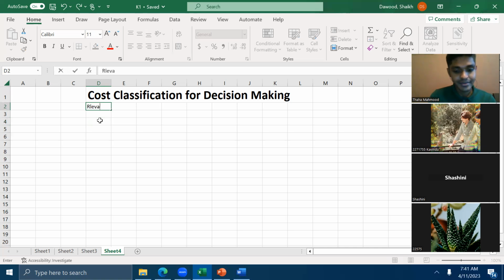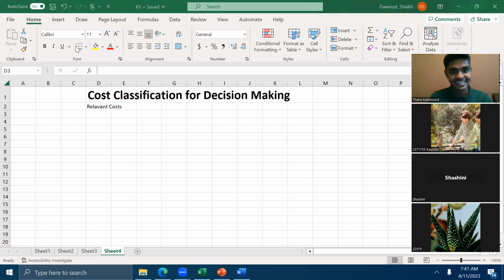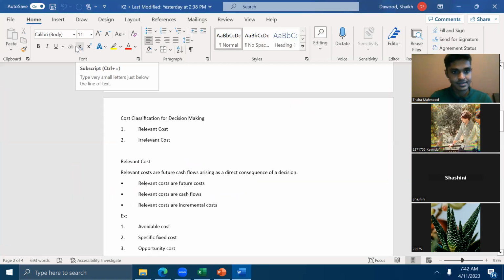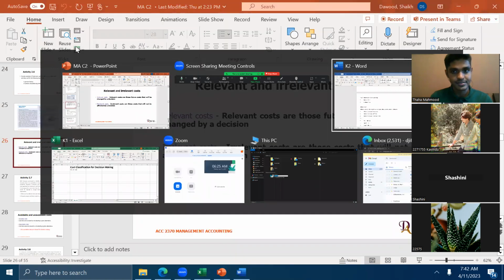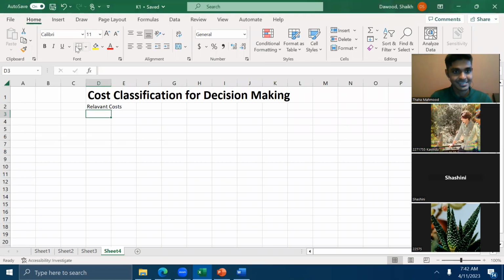Let's start off by defining relevant costs. This is how we spell relevant, right? Okay, relevant costs.